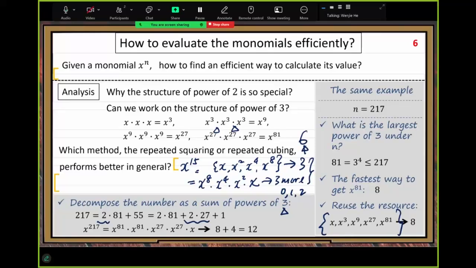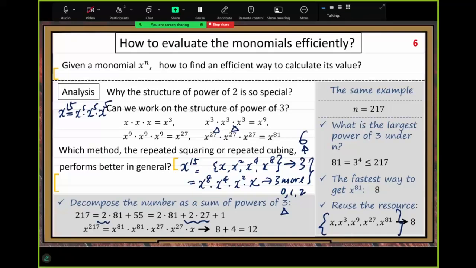I want to show you if we can save some multiplications. Okay, repeated cubing. X to the 15th: can we write it as x to the 5th times x to the 5th times x to the 5th, right?